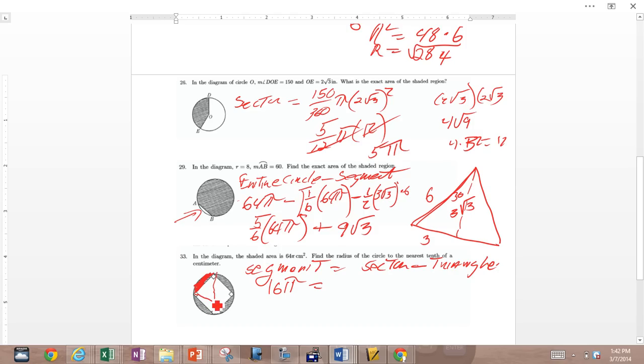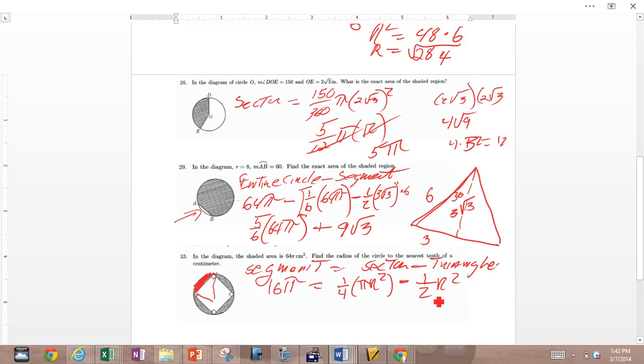which would be the quarter of a circle minus the triangle, would be 1/4 of pi r squared minus the triangle, which would be 1/2 r times r, or 1/2 r squared.